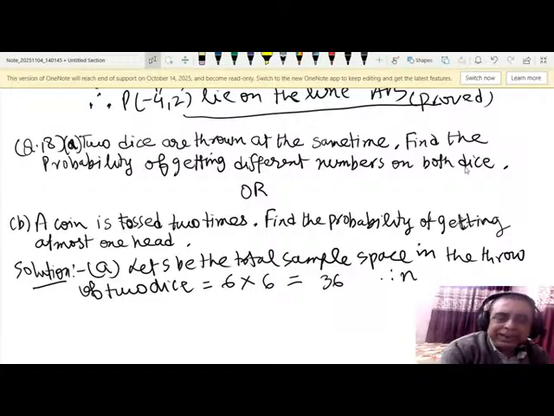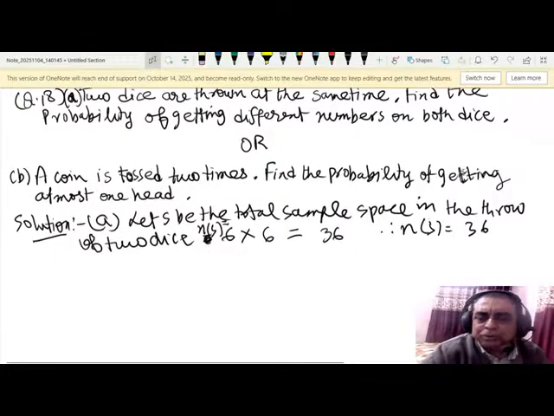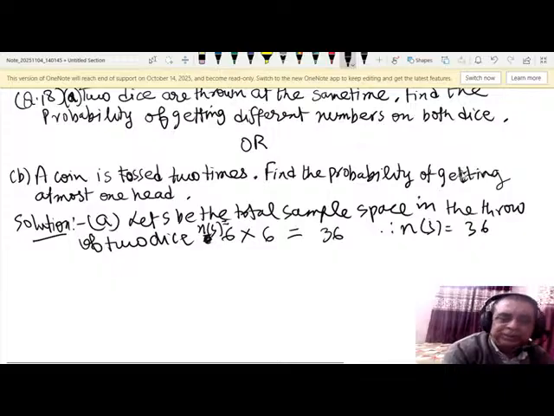So n(S), the total possible number of outcomes, is 36.